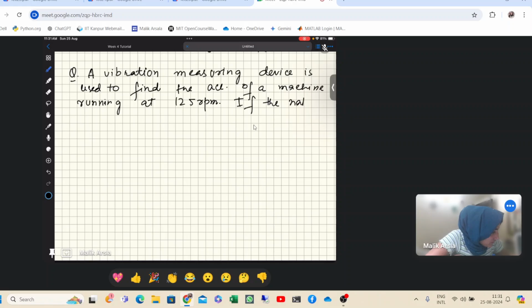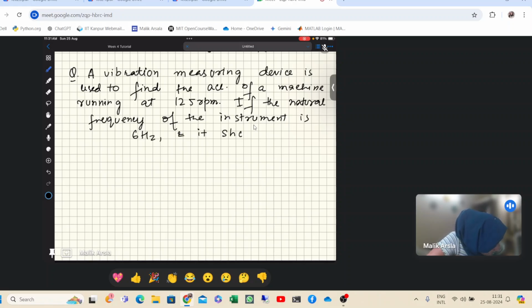If the natural frequency of the instrument, basically the vibration measuring instrument, is 6 hertz and it shows an amplitude of 0.005 centimeter, find the acceleration.